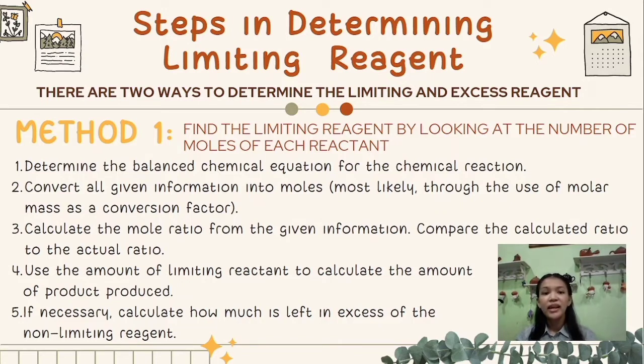Second is to convert all given information into moles, most likely through the use of molar mass as a conversion factor. For the third step, we calculate the mole ratio from the given information and compare the calculated ratio to the actual ratio. For the fourth, use the amount of limiting reactant to calculate the amount of product produced. And lastly, if necessary, calculate how much is left in excess of the non-limiting reagent.